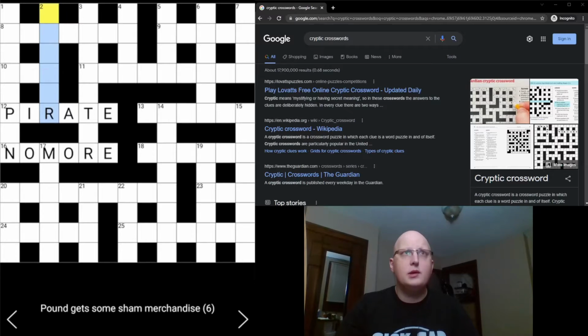Here we go. Pound gets some sham merchandise. Pound could mean British pound. It could mean the weight. It could mean to hit or beat up. Pound gets some sham merchandise. So the definition could be sham merchandise or just merchandise. Pound.